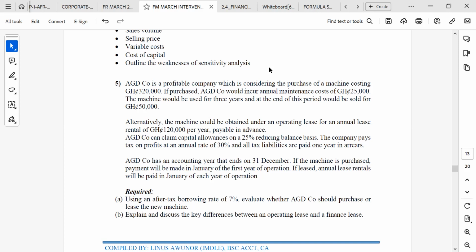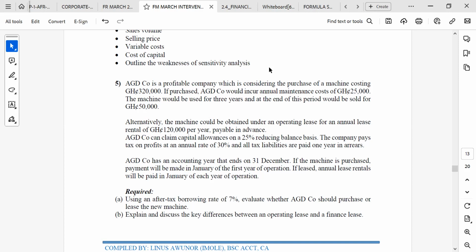The company might be using an operating lease or a finance lease, but in the exam, it will always be an operating lease. If it is a finance lease, you have to calculate the right of use to do the depreciation. So if it is a finance lease, the company will be claiming capital allowance on the depreciation every year.